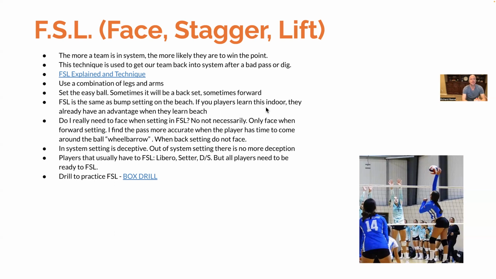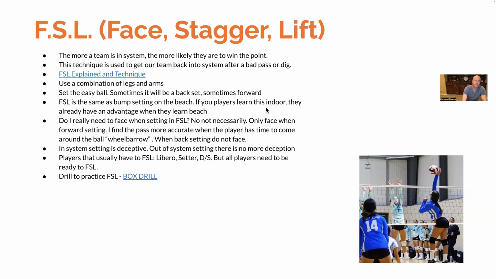In system setting is deceptive. Out of system setting, there is no more deception. So, everybody in the gym, your whole team, the other team, they should know who the person that's doing the fizzle is, who they're setting to. So there's no reason to be deceptive at this point.